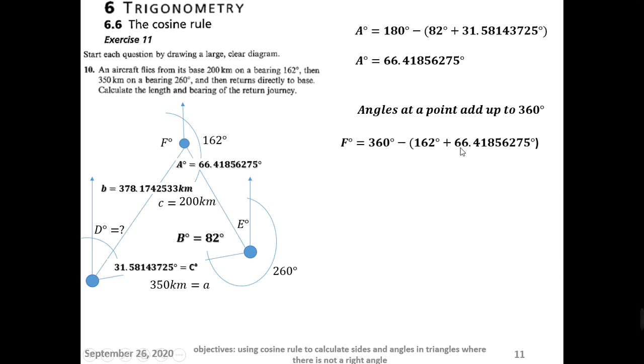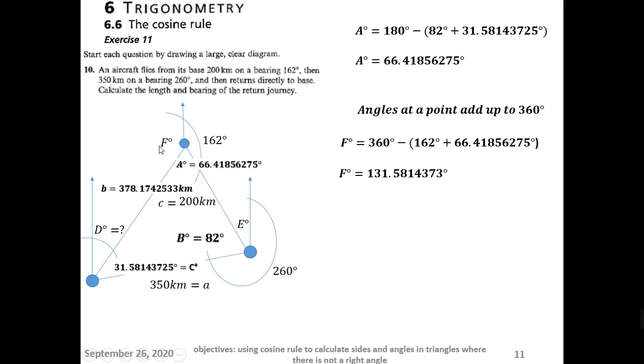So F is going to be equal to 360 minus the sum of the 162 and the 66.4 degrees. And if you insert this in the calculator, F is going to come down to 131.5814373 degrees. Now, we need to find angle D.